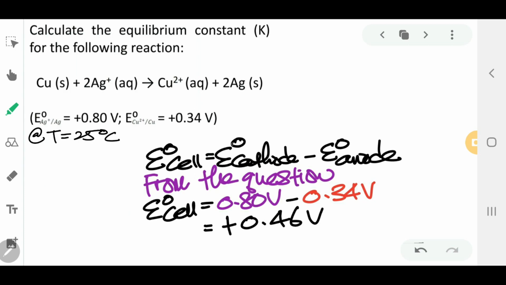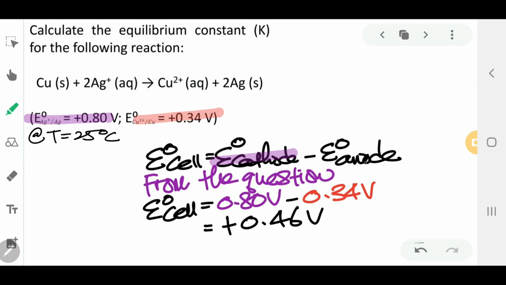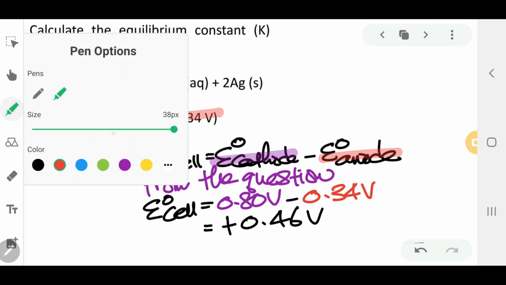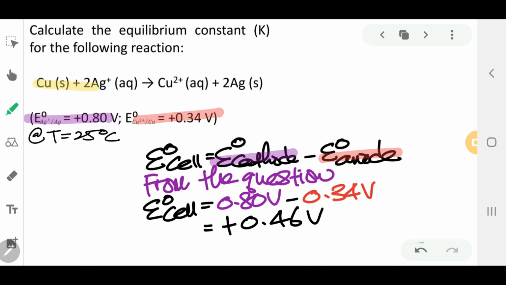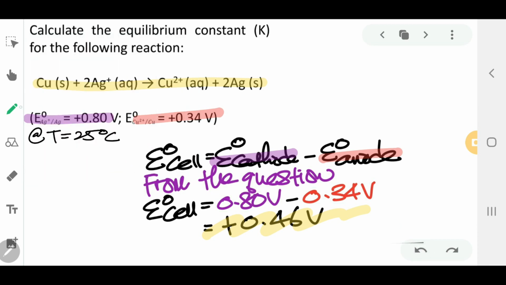The value 0.80 will be the cathode, and the value 0.34 will be the anode, as you have been working on just now for the overall cell reaction. For that, you will be able to get the value of E naught cell. You get 1 mark for this equation, and 1 mark for the value of E naught cell.